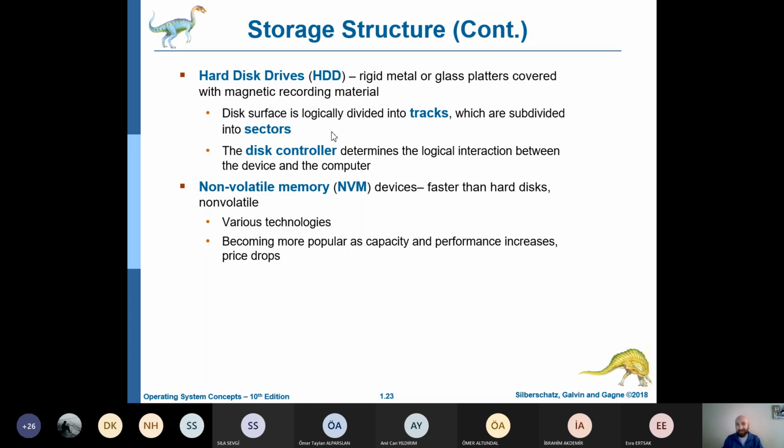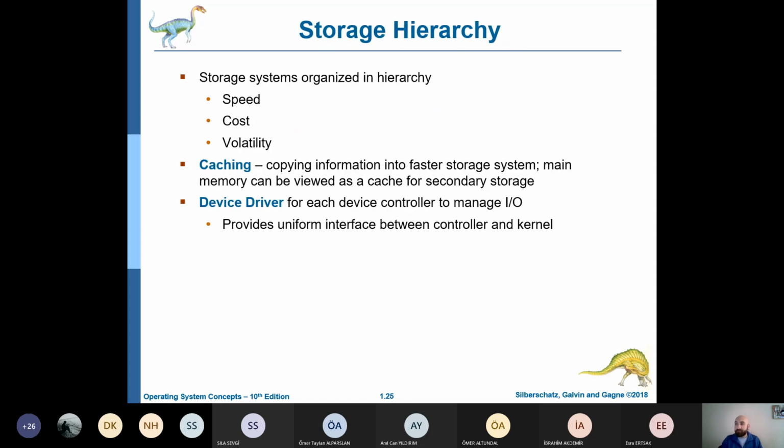So as you can guess, we need a management operation here too. Our operating system has to manage the relationship between secondary storage and main memory. We're going to connect this point to the operating system.